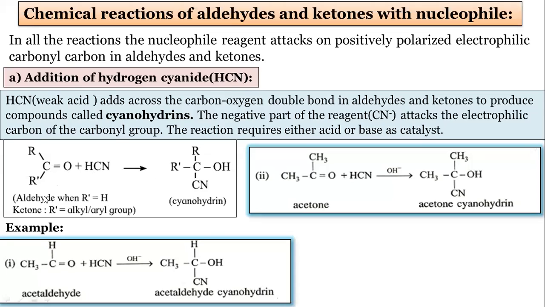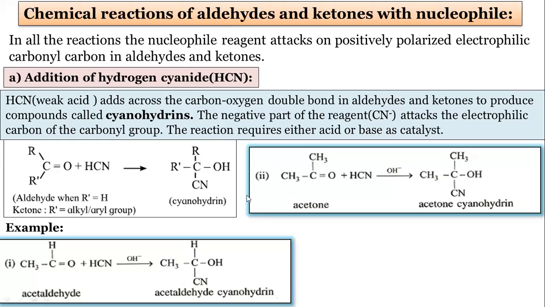I will explain this general reaction first. In the case of ketones, an R group is attached, and in the case of aldehydes, an H is attached here. In this reaction, the CN minus will attach to the carbonyl carbon, the electron density will shift onto the oxygen, and this hydrogen is picked up by the oxygen, and we get the product cyanohydrin.